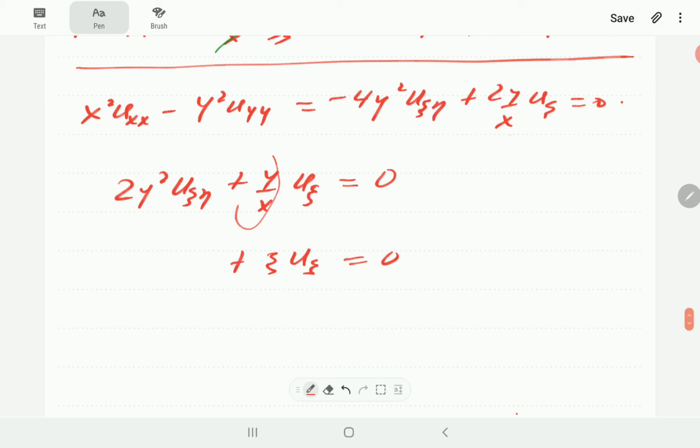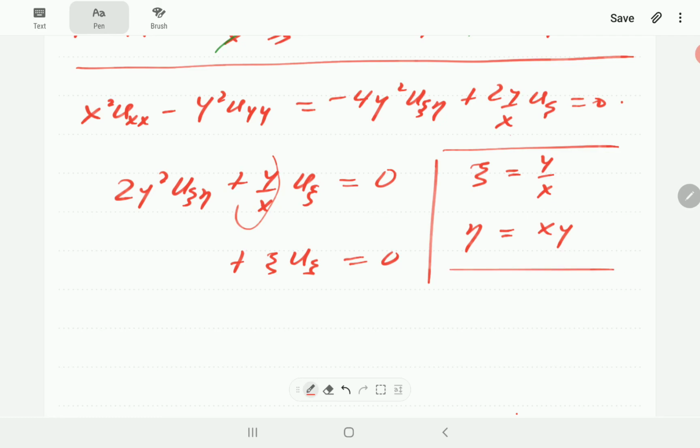Then the question is, what is y squared in terms of the canonical coordinates? So this is y over x, this is x times y. How can we eliminate x from here and get y squared? You're going to notice that if we just multiply these two, then x cancels out and we have y squared.